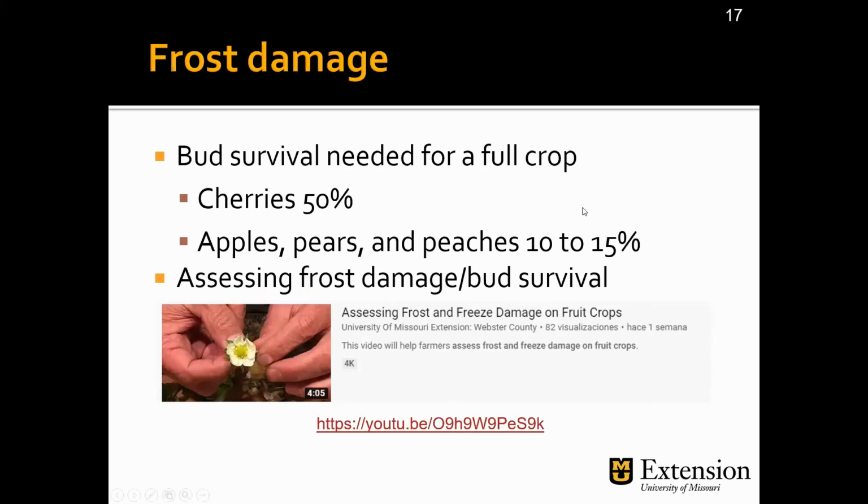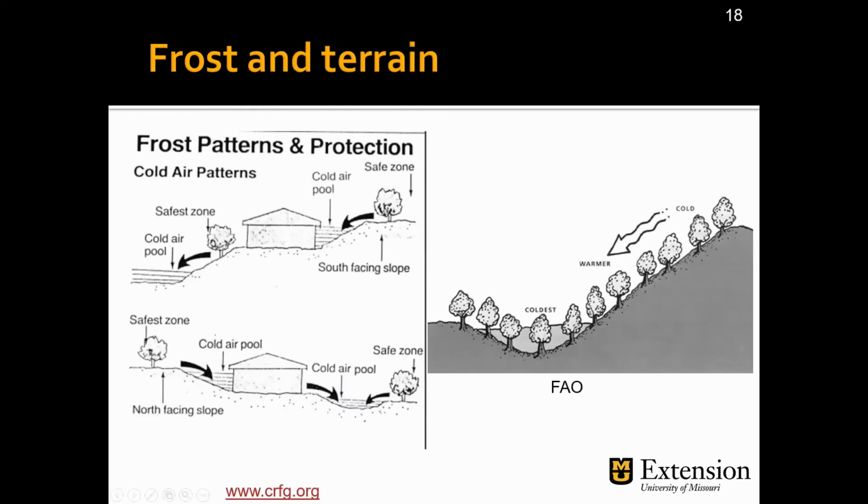The other thing that you have to consider when you're looking at the terrain or the place where you're going to plant your crops is that the shape of the field and the terrain is going to affect how cold it gets. So you have to look at pockets of air.